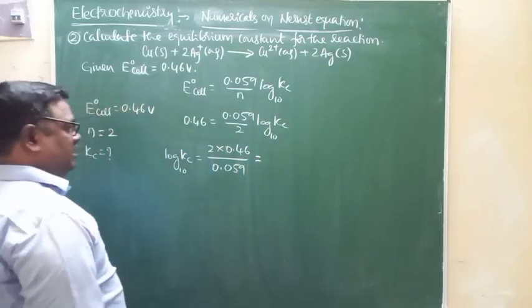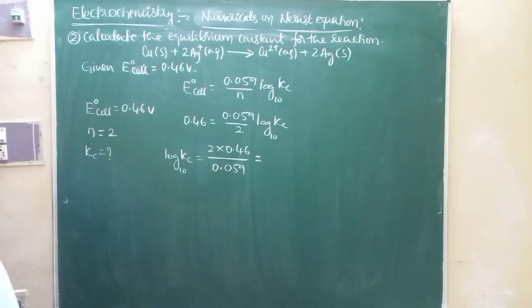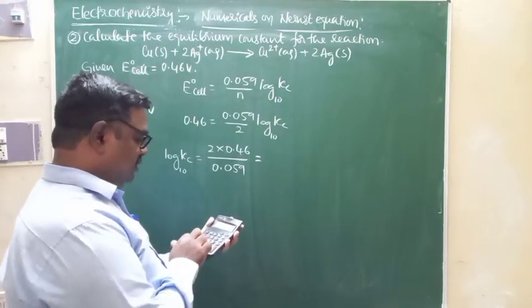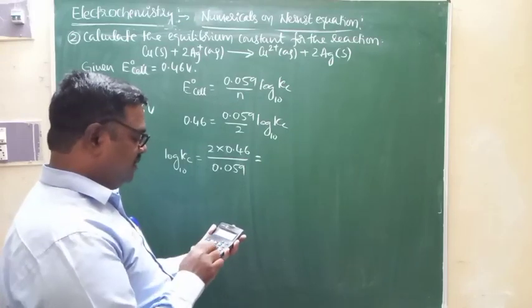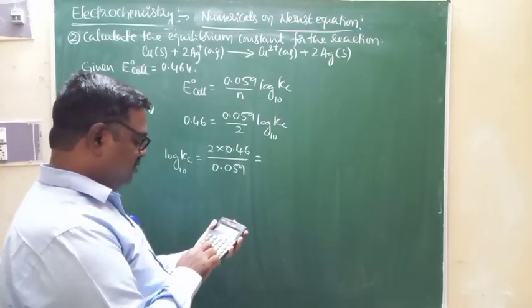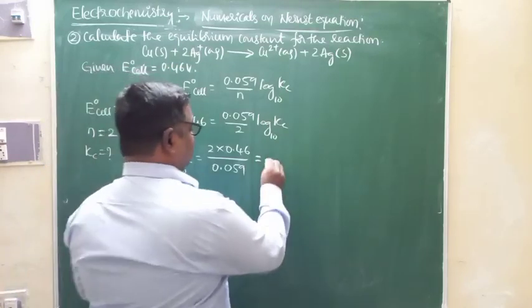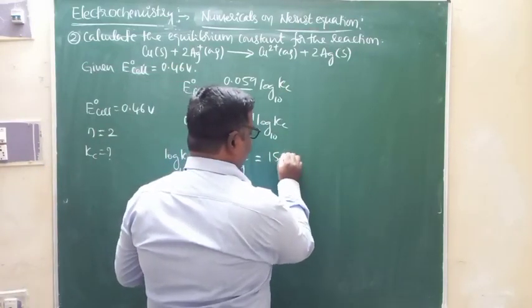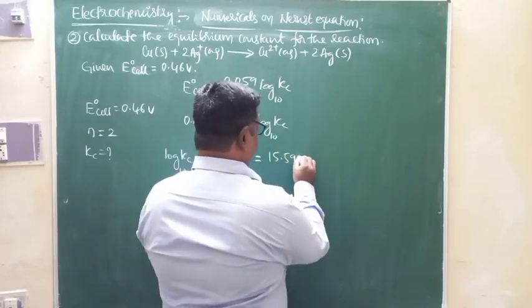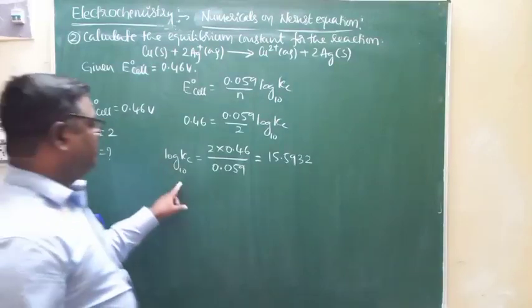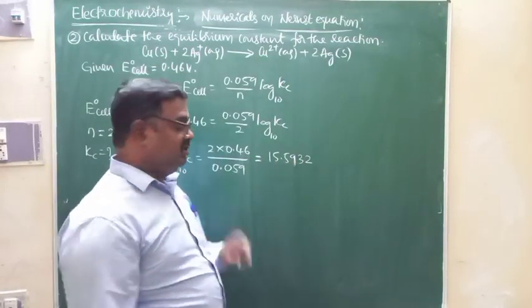Simplify and you are going to get 2 into 0.46 divided by 0.059, that comes out to be 15.5932. This is log to the base 10 of Kc, that is 15.5932.